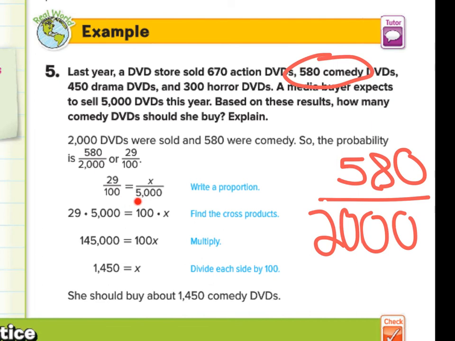I have to do the same to the 29. And when we do so, we see that we should order slightly over 1/4 of 5,000, which is 1,450. She should buy about that. So this is how it helps us predict how many DVDs this store owner should buy.